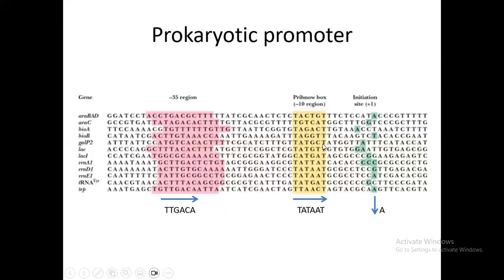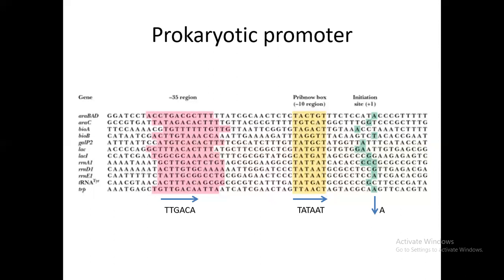So how are these prokaryotic promoters identified? Basically, upstream sequences of different genes are copied, and we make use of a program such as Clustal W or Clustal Omega for multiple sequence alignment, wherein after alignment of all these different sequences, it was found that some regions were conserved, or similar, in all these different sequences.